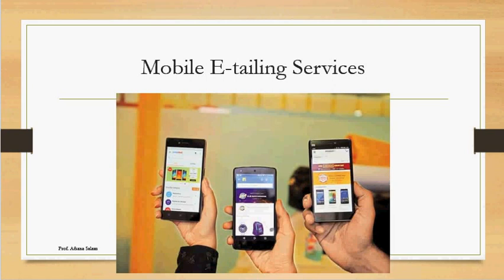Anything you purchase online with your mobile applications will come under e-tailing. The best examples are Amazon, Flipkart, Snapdeal, each and every application which you use for your online purchase. E-tailing on your mobile phone, Lenskart is also an example. If you just scan, it's possible.